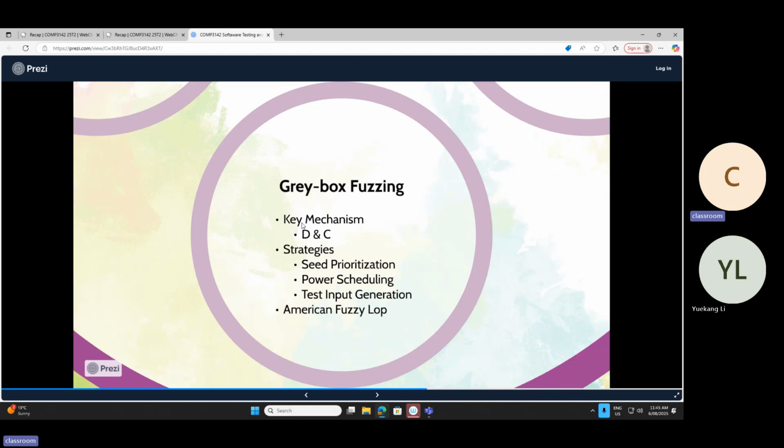And there are several different strategies used for gray box fuzzing. The first one is seed prioritization. Because we have a list of seeds, we need to make the decision of which one to use next, right? So seed prioritization is related to the decision of which seed to be used next.